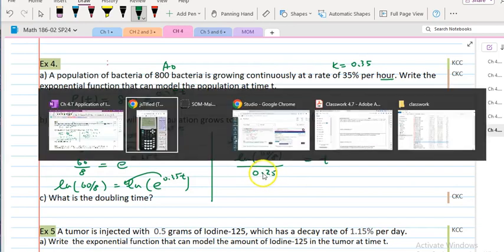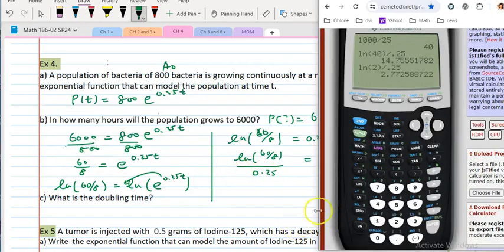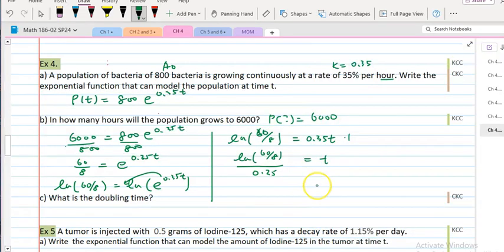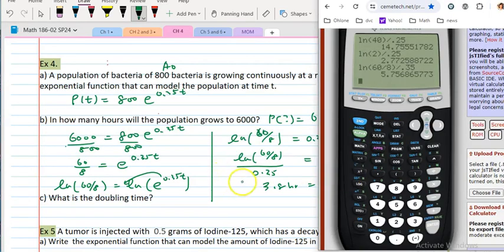Time to put it in the calculator. ln of 60 over 8 divided by 0.35. 5.8 years. Oh, 5.8 hours.